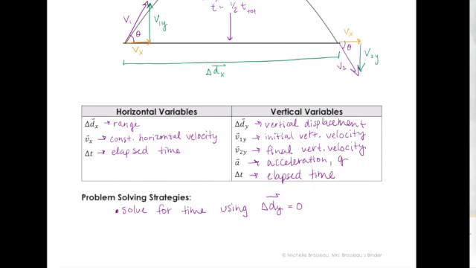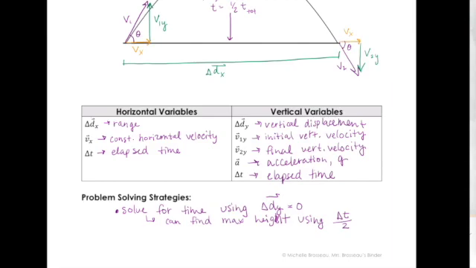Then you can find max height using the elapsed time divided by 2, because it's half of the elapsed time.